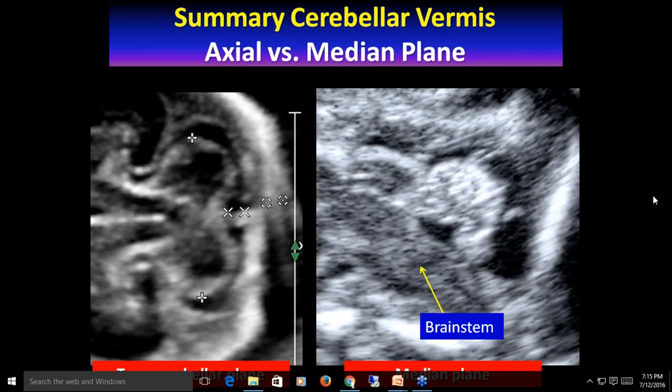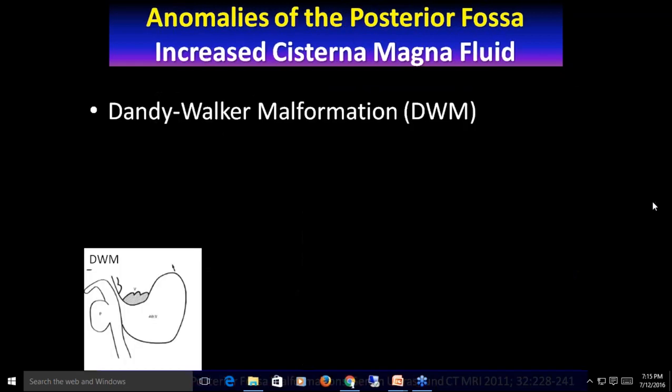So now that we have covered most of the basic anatomy, let's turn our attention to some of the anomalies that we see of the posterior fossa, especially those in which there is increased cisterna magna fluid. I'm going to discuss only four.